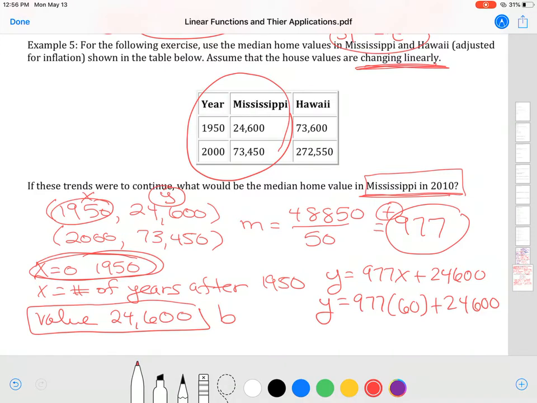And when I do that, I take 977 times 60 and then add the 24,600. That's going to give me a value of 83,220. So that's my dollar amount for a home in Mississippi approximately in 2010.